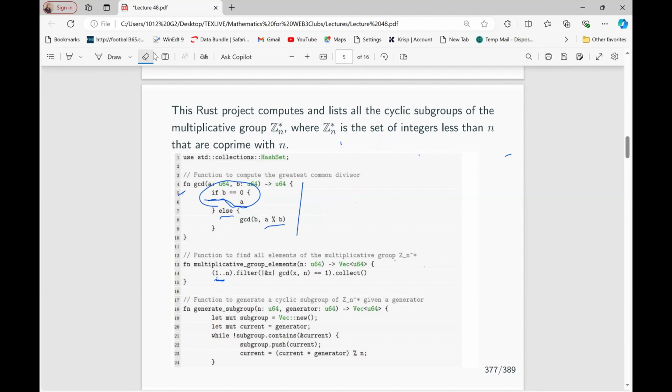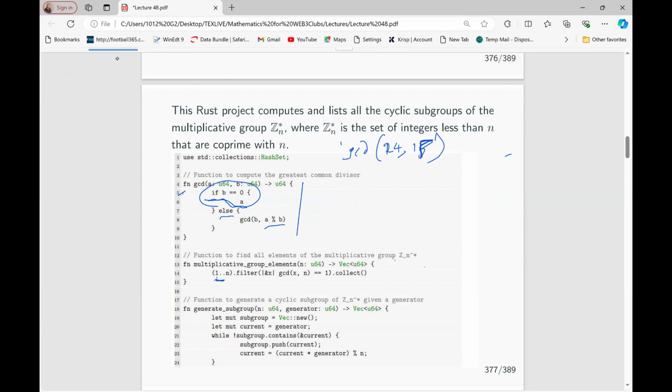Let me think of the GCD of, let me say, 24 and 15. Yes, this is okay now, so that we go more than one step. In this case, my A is this and my B is this.